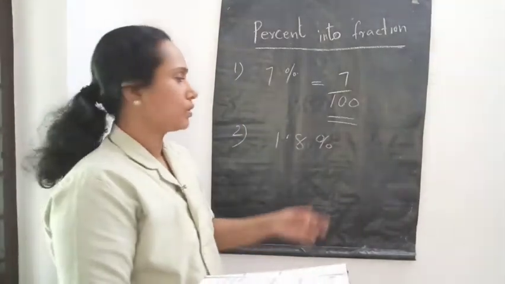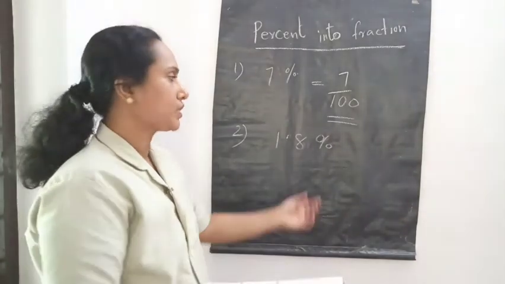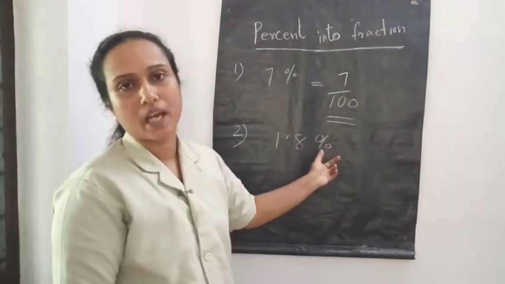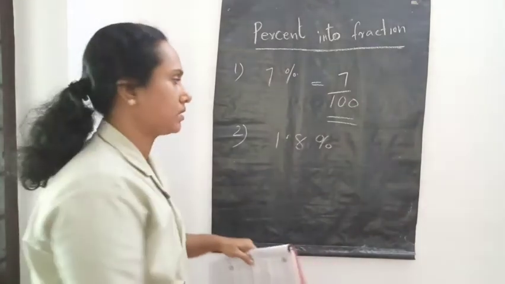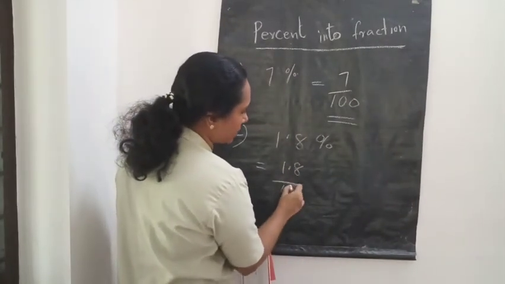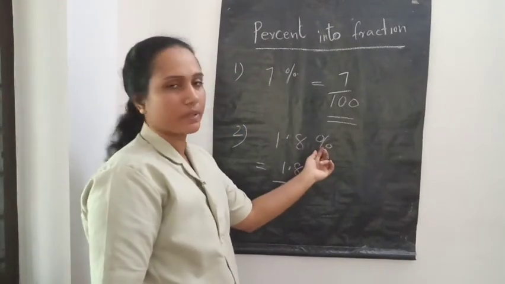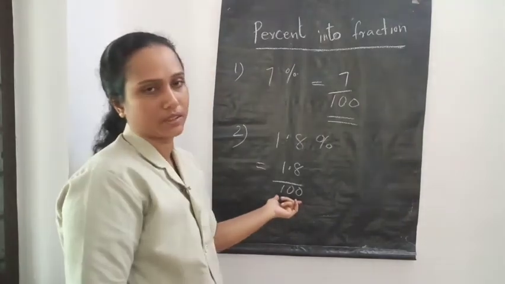Then to convert this percentage into a fraction, first we remove the symbol of percentage and divide by 100. Then this is equal to 1.8 by 100.